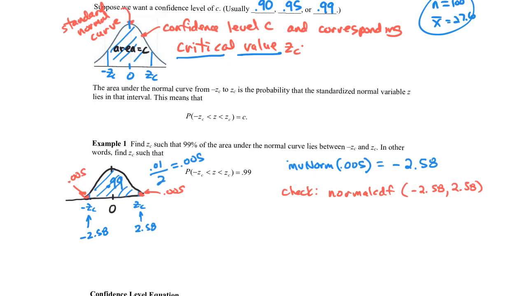We're just doing the fact that these are inverses of each other. Here I plug in an area, it gives me z-scores. Here I plug in z-scores, and it should give me an area. And sure enough, if you plug this in, you get roughly 0.99, it's approximately 0.99.